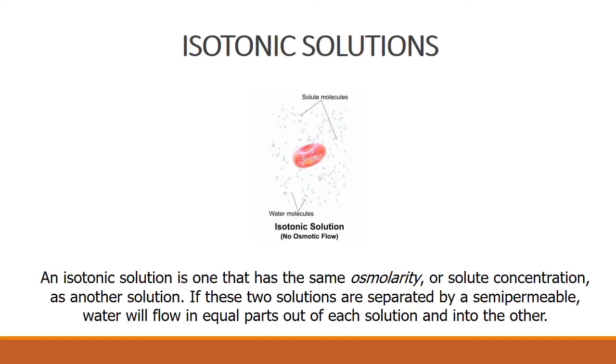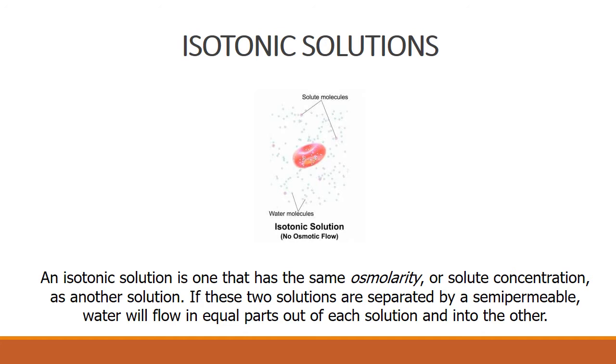Okay, so an isotonic solution is one that has the same osmolarity or solute concentration as another solution. If these two solutions are separated by a semi-permeable membrane, water will flow in equal parts from each solution into the other. So this is how your isotonic solution looks like.